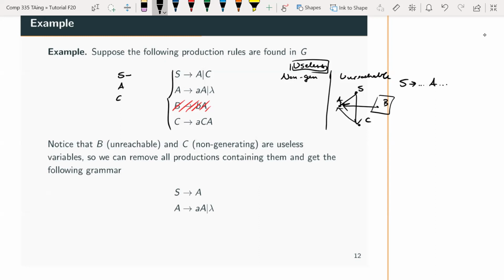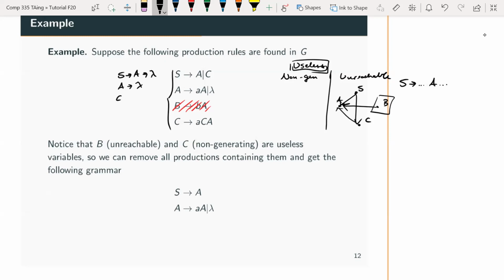Well, I can say S gives me A, and then A gives me lambda, right? So this would be a generating variable because there's at least one derivation rule that produces a string of terminals, okay? Again, the same thing for A. I can say A gives me lambda, so that would make it generating.